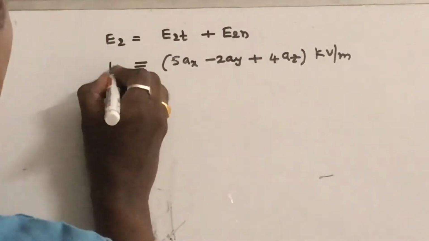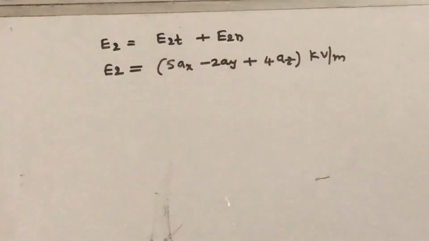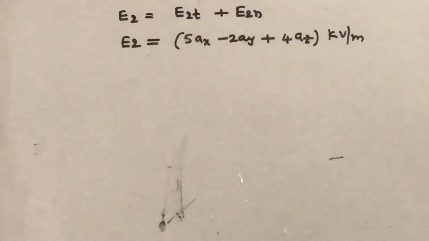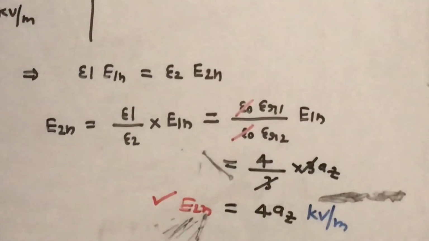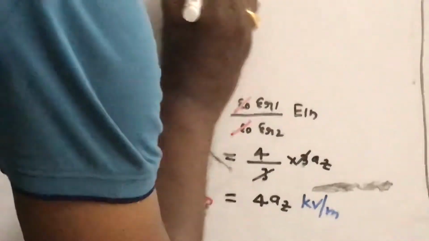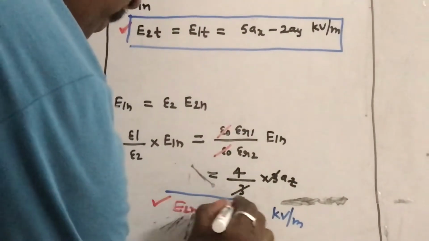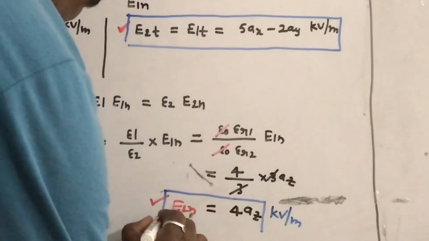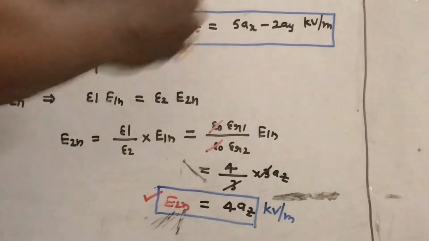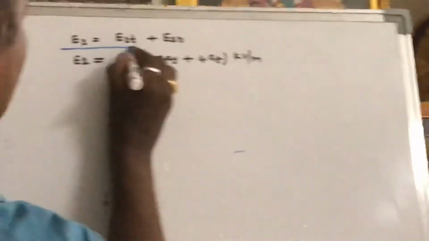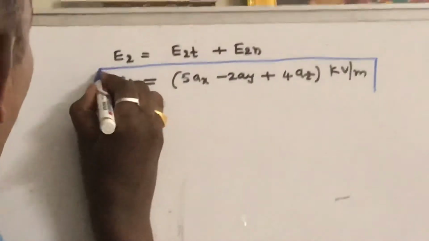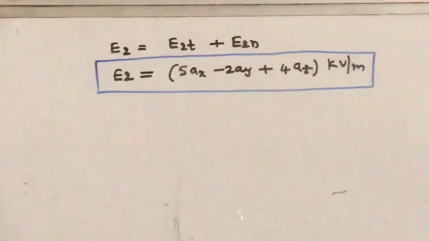This is the first answer for this very simple question. This is E2t, and this is E2n. So this is what E2 is. The first question is very simple.